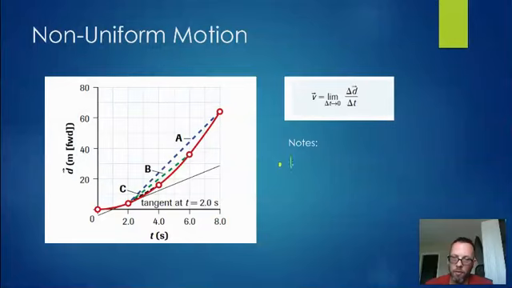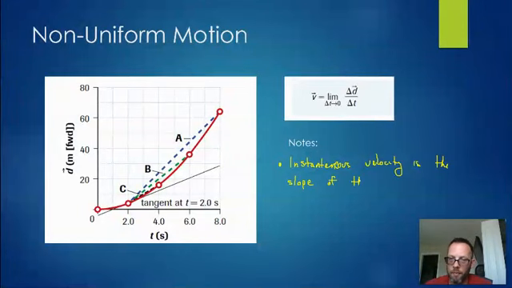So this would be the last little note we make today. Instantaneous velocity is the slope of the tangent. And I'll just add quickly too, on a dt graph, on a position time graph.